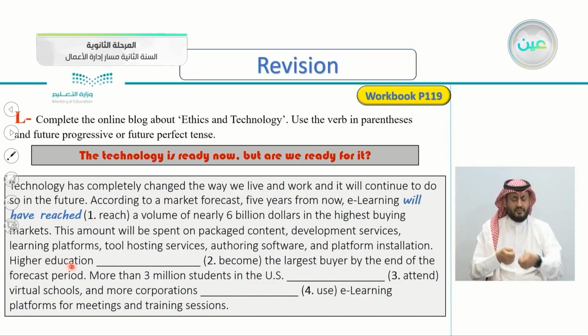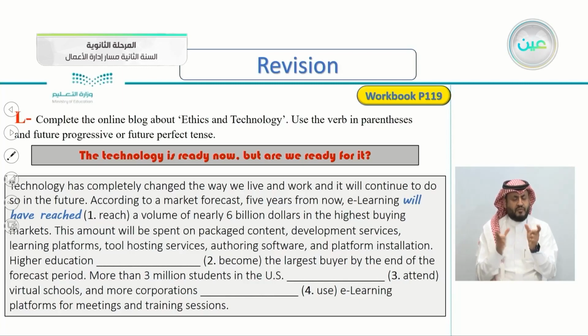Higher education, and the verb become, the largest buyer by the end of the forecast period. So, higher education, become the largest buyer by, notice here, by the end of the forecast period.